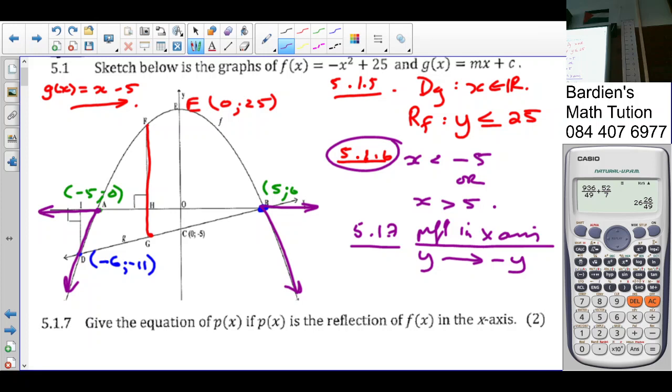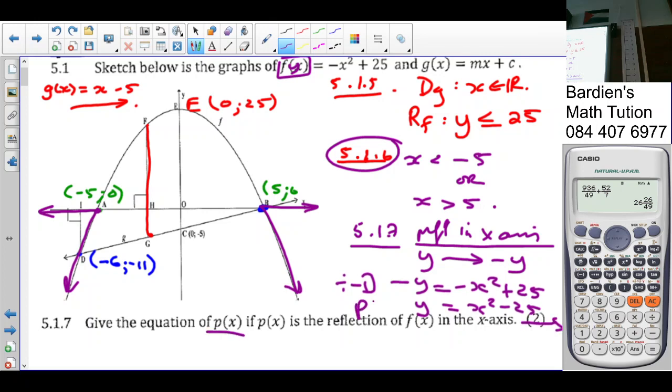So f of x, that is y. So negative y is equal to negative x squared plus 25. Divide by negative 1. So y is equal to x squared minus 25. And this is the equation of p of x.